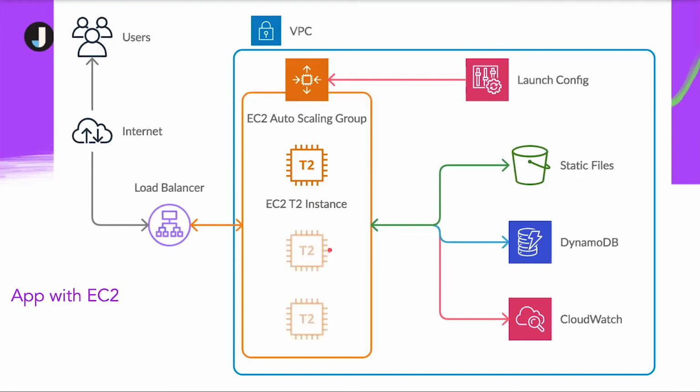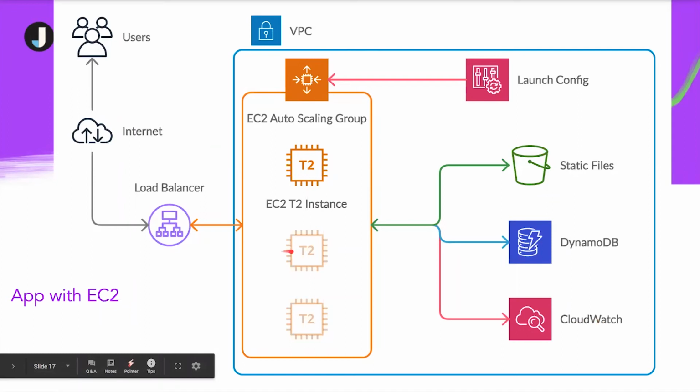And when the load is low, it will just create just one server to deal with the load. And maybe you're using some static files, some Dynamo table for some database, and maybe some logs stored in CloudWatch.